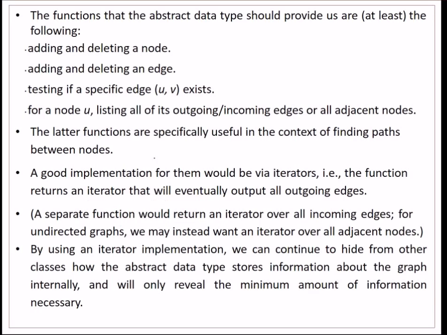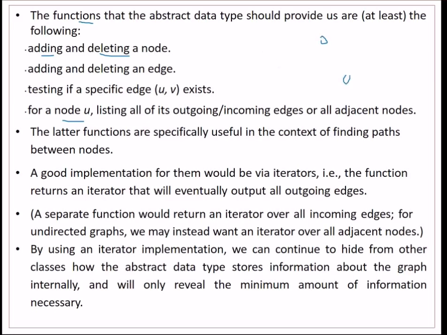So talking about this ADT for graph, the functions which should be there are adding and deleting a node, adding and deleting an edge, testing whether a specific edge, for example from U to V, exists, and for a node, say U, listing all its incoming and outgoing edges, or all adjacent edges.